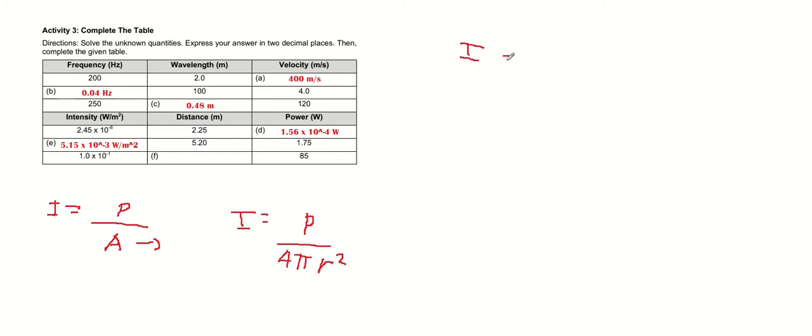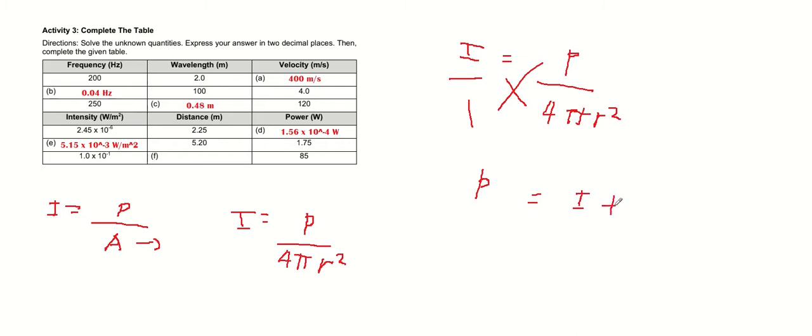I is equal to P over 4 pi r squared. So, ang kailangan lang natin dito is yung R lang. Pero kailangan pa rin natin mag-cross multiply. So, cross multiply yan. So, yung P, it will remain P. P times 1 is P. And then dito I, yung intensity, times mo dun sa 4 pi r squared.